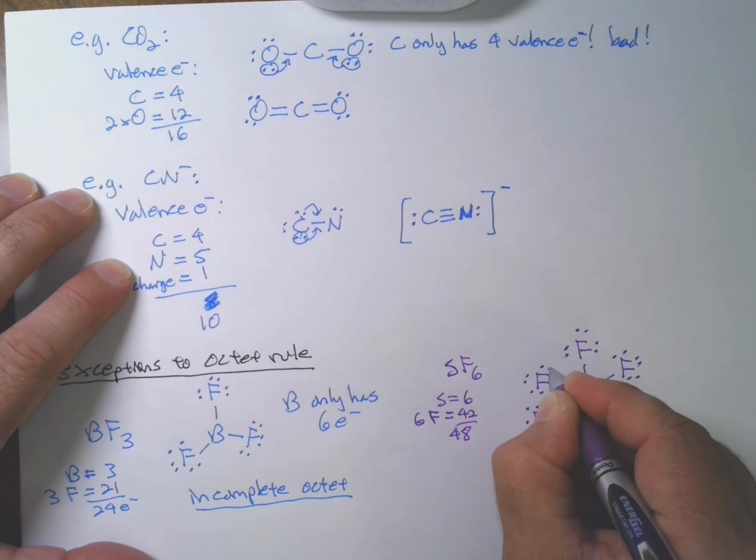So each fluorine has 2, 4, 6, 8 valence electrons. I've got the correct number because I've got 8 electrons times 1, 2, 3, 4 times 6, that's 48. But my sulfur is exceeding the octet rule.